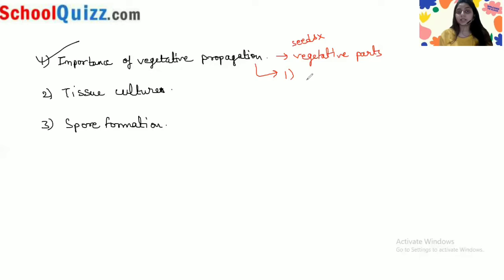Number 1, the plants grown from this method grow earlier and faster than the seed method. Seed method means the plant which is grown by seeds.